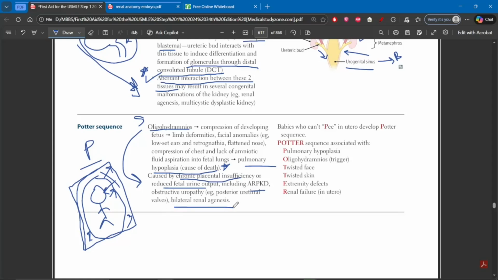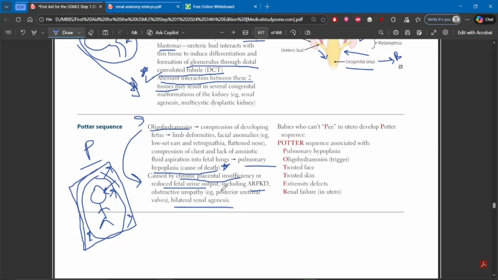As I've said, the baby pees out the amniotic fluid, right? And so babies that cannot pee, for example, they don't have a kidney, they have some sort of obstruction, or they have a kidney but have some sort of problem with it. So these three would be the causes. They've described all three of them.